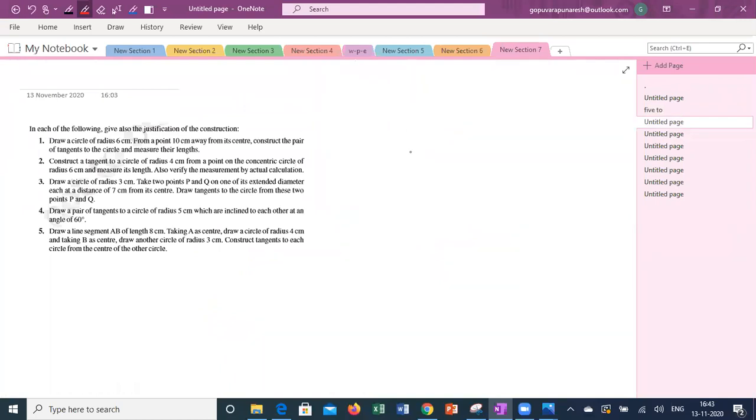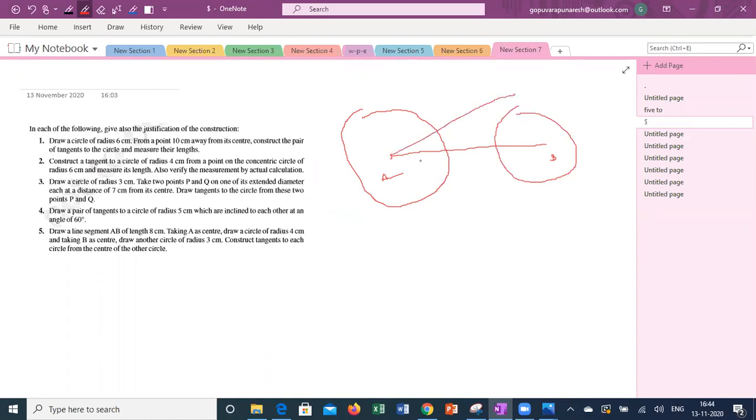The final diagram will look like this. This is AB, with A a 4 centimeter circle, with B a 3 centimeter circle. From here you have to draw the tangents on B.